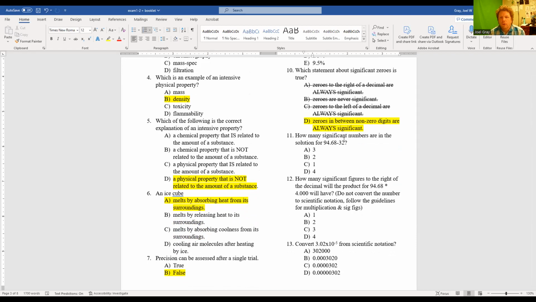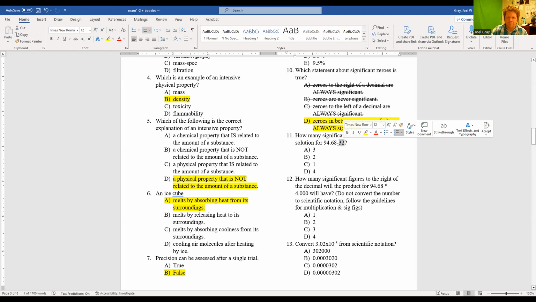When we look at subtraction and addition, we look for the number of digits or number of decimal places. And 94.68 has 2 decimal numbers. 32 has 0. So our answer has to follow the fewest number of decimal positions, which is from our 32 with 0 decimal places.